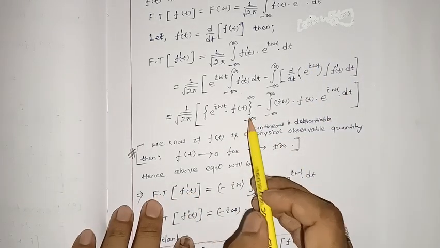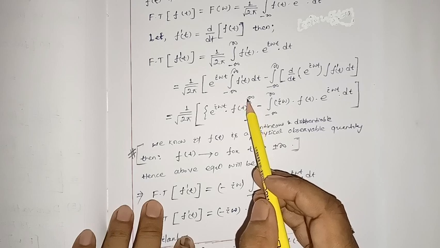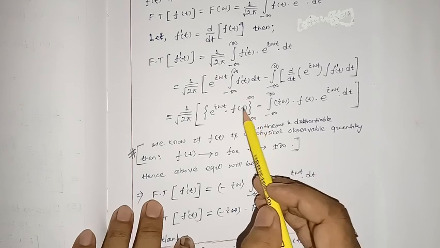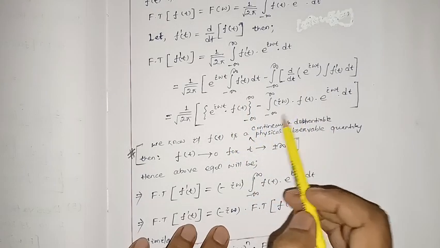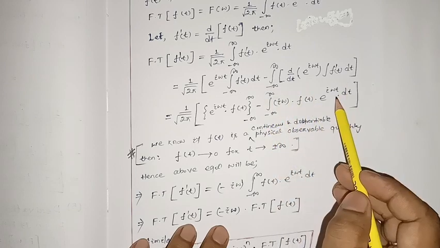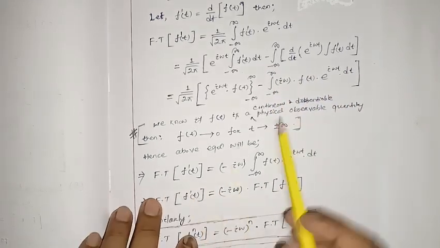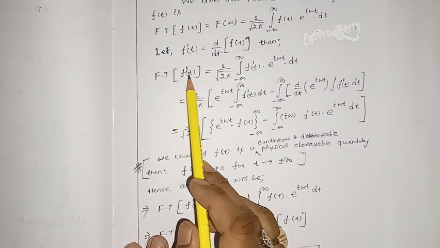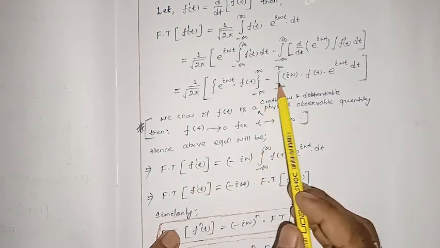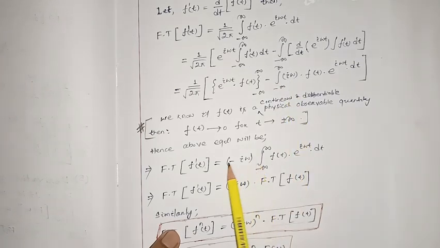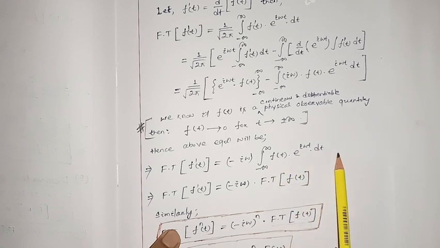So if I put infinity or minus infinity instead of t, this value f of t will be 0, so this term will be 0. Got it? Only we get the second term. So the second term will be: the left hand side is the Fourier transform of f dash t, which will be equal to minus i omega taken outside, 1 by root over 2 pi, integral from minus infinity to plus infinity f of t e to the i omega t dt.